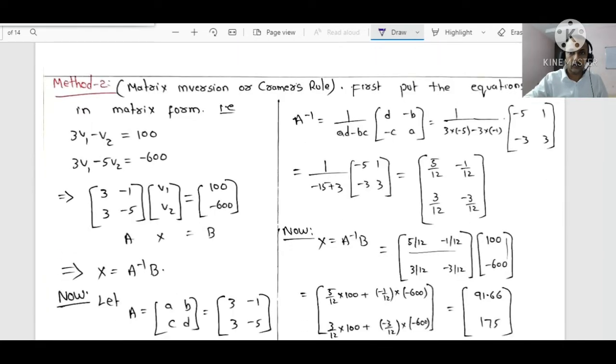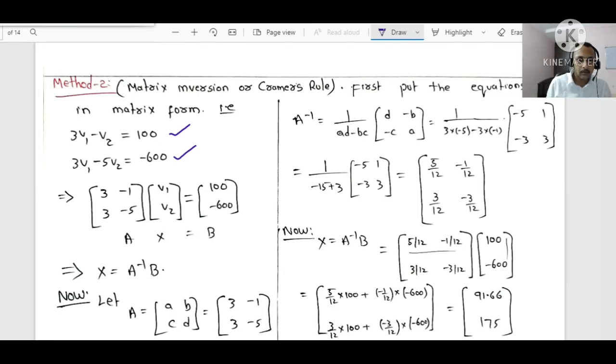Now let me see how to solve those two equations using another method, since we have directly solved them. 3V1 minus V2 equal to 100, and 3V1 minus 5V2 equal to minus 600.